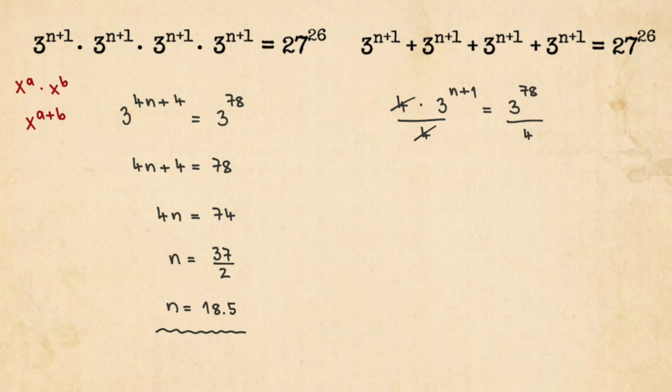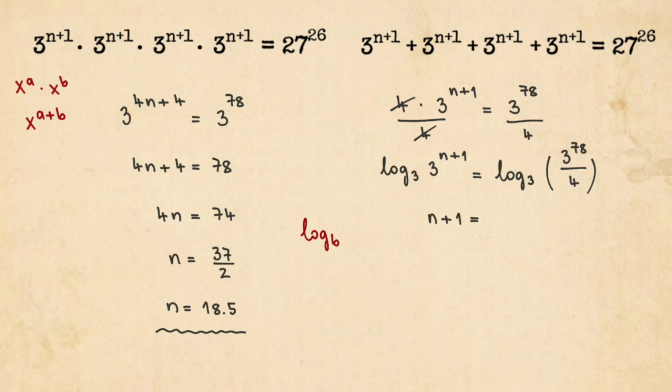To pull the n out of the exponent, we need to take the logarithm base 3 of both sides. On the left side, this gives us just n plus 1. On the right side, we use our log division rule.